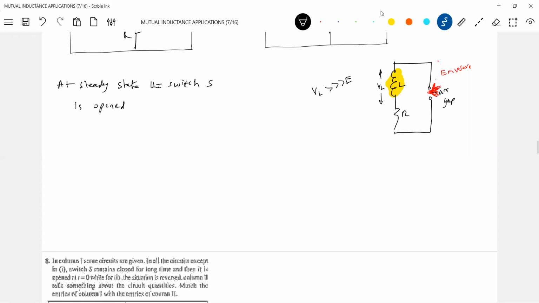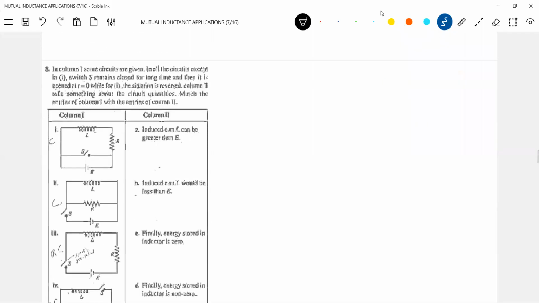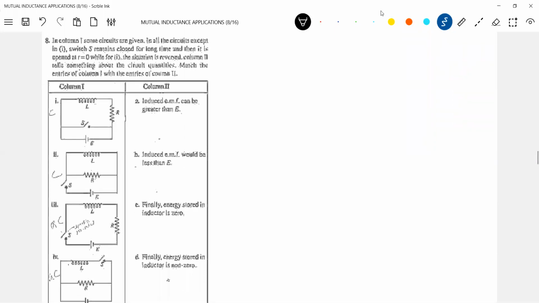The rate of change of flux will be very high. The flux across the inductor collapses rapidly. Because of that, a large EMF is induced.